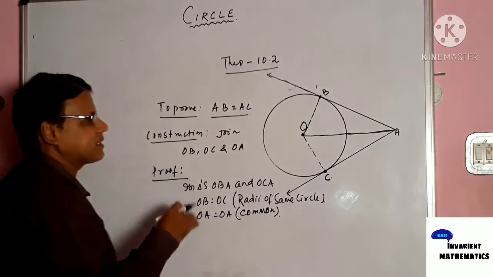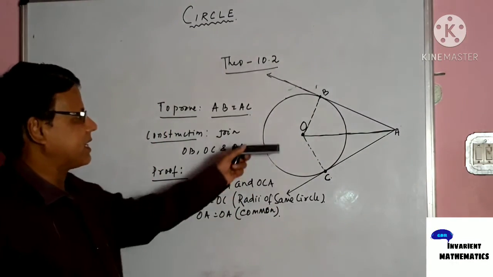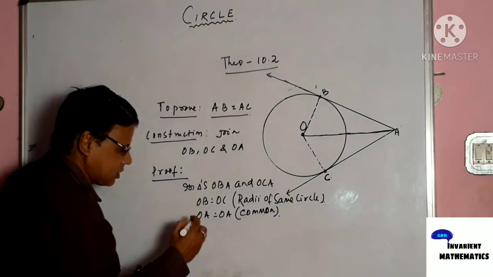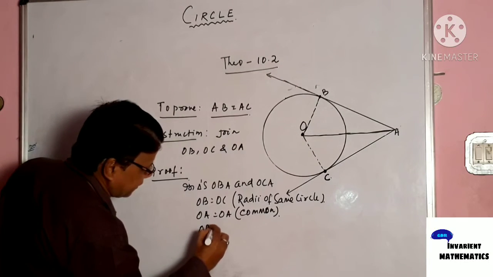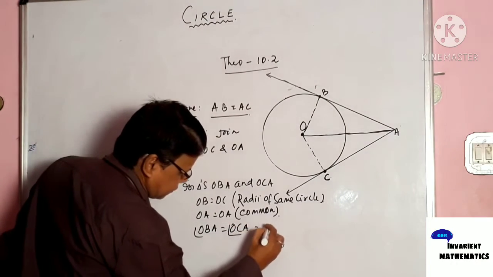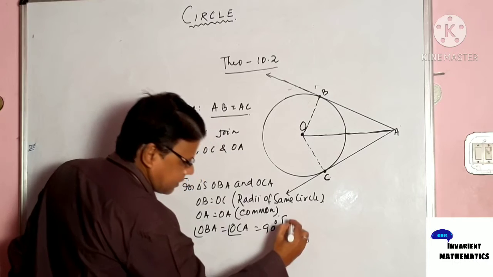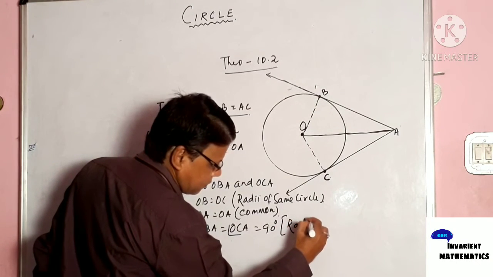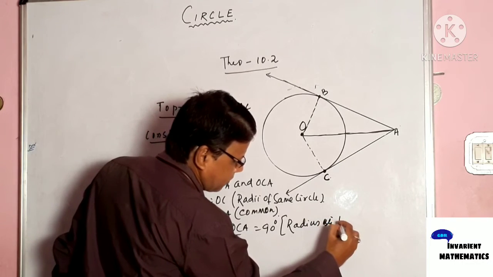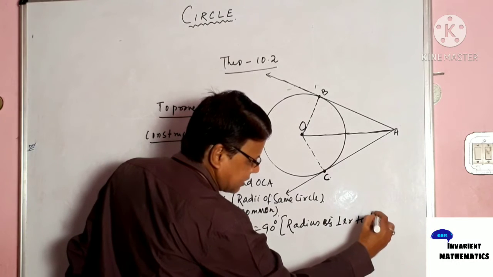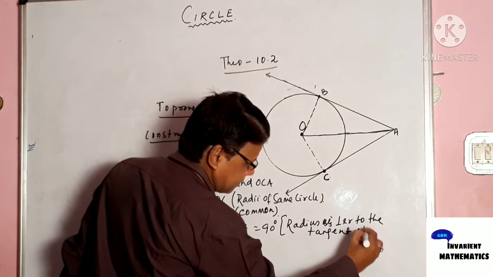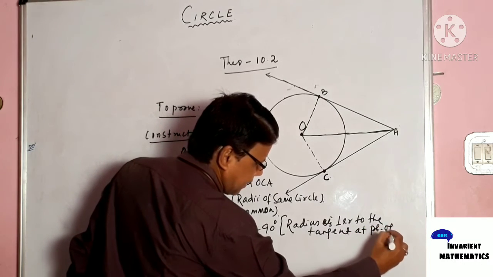And as we read in theorem 10.1, the radius is perpendicular to the tangent at the point of contact. That means angle OBA is equal to angle OCA, which is 90 degrees, because the radius is perpendicular to the tangent at the point of contact.